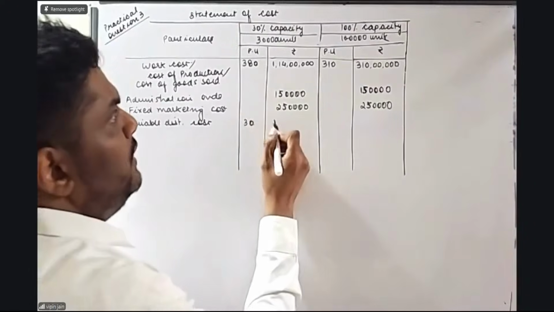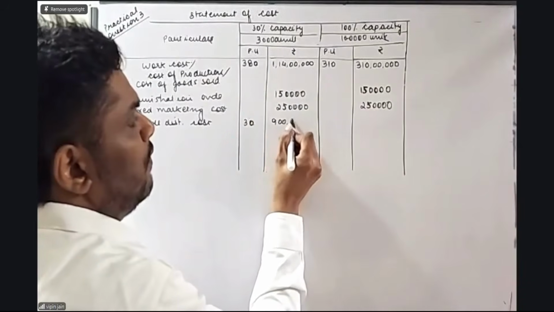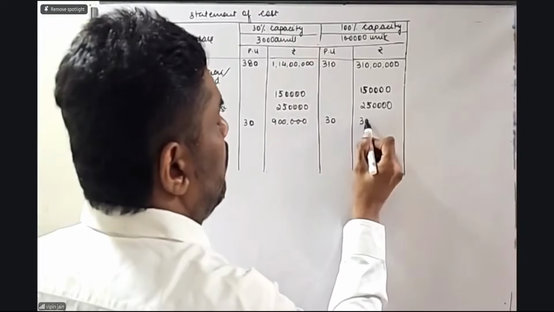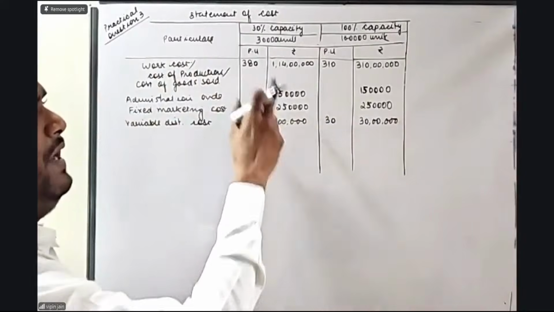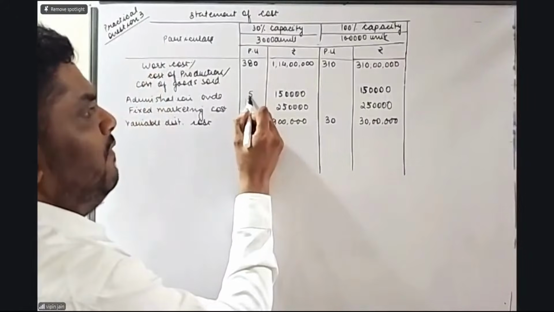So 30 into 30,000. Let's calculate the per unit also. 1,50,000 divided by 30,000 will be 5.